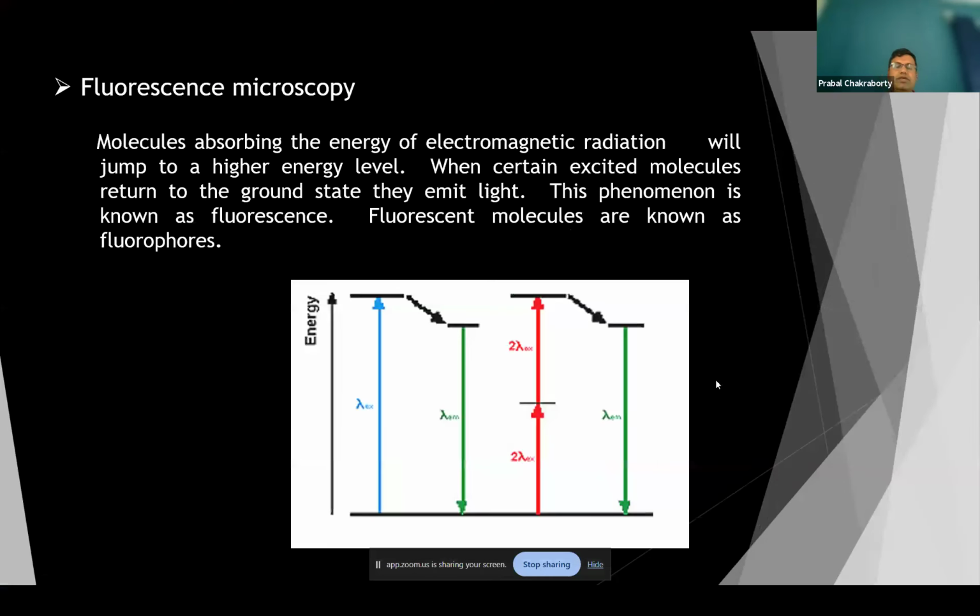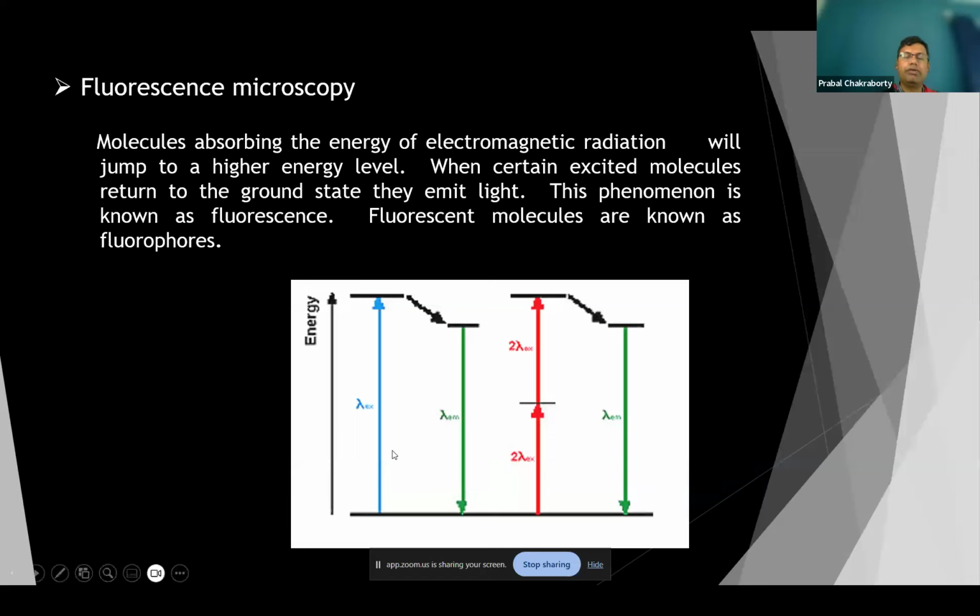Okay, so there are some chemical molecules, or some protein molecules also, that actually give you fluorescence. What is meant by fluorescence? Let's say you have a particular molecule, which is called a fluorophore, or sometimes fluorochrome or fluorescence protein.